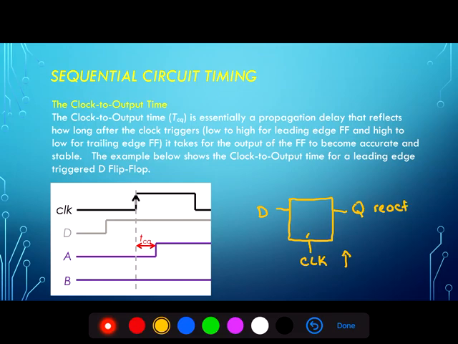And that amount of time, again defined as the 50% to 50% time as we talked about with the propagation delay definition, is called the propagation delay of the flip-flop, or for short, TCQ, the amount of time for D to propagate to the output once the clock has changed.